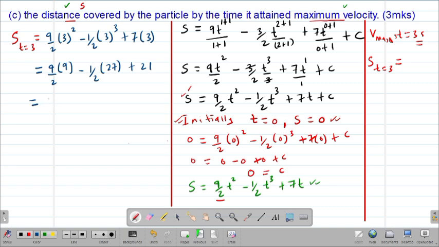So this will be equal to 9 by 9, I'll get 81/2, then minus 27/2, then plus 7 by 3, we got 21. So we feed this on our calculator. We'll get s at t equals 3 being equal to 81/2 minus 27/2 plus 21. Our calculator will give us 48 meters. Therefore, the displacement of the particle when the particle was at maximum velocity was 48 meters.